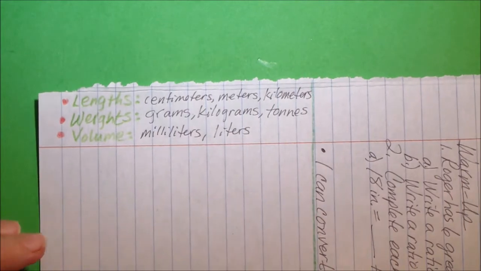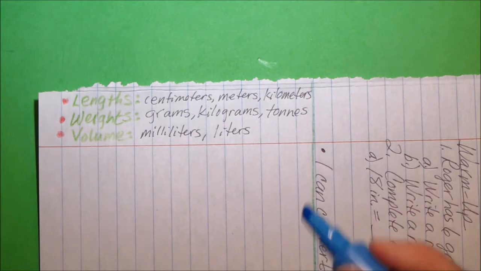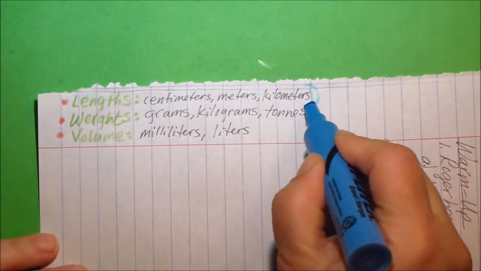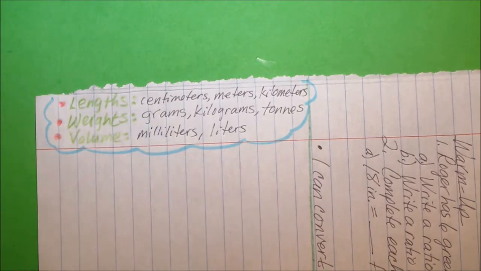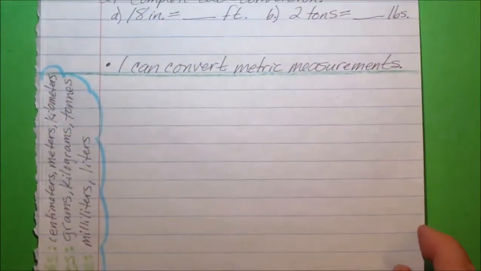I hope so. I think so. All right. And I'm just going to kind of section this off a little bit here. So those are just to get them right handy on our page of notes, the names of the different kinds of measurements we'll be working with when we're working in metrics.